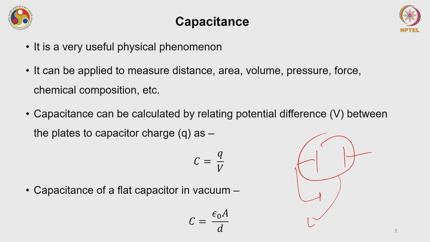We will mostly see parallel plate capacitors, and if other configurations are required, we will discuss them. The capacitance of a flat capacitor in vacuum is C equals epsilon naught A by d, where epsilon naught is the permittivity of air, or vacuum in this case.